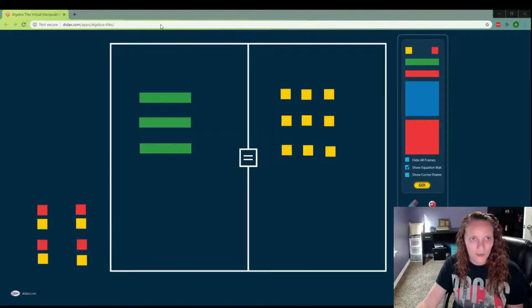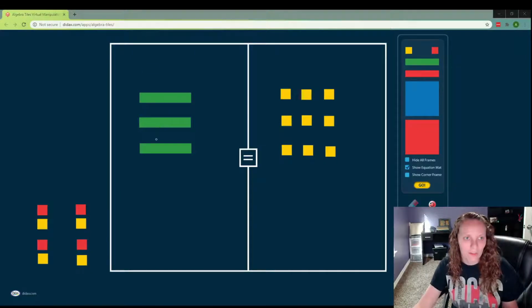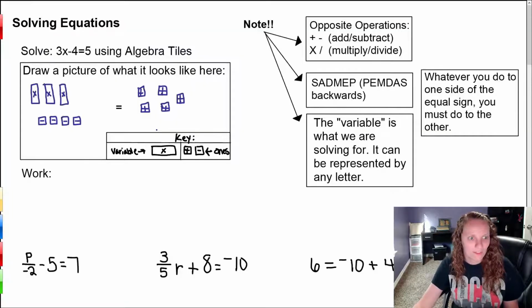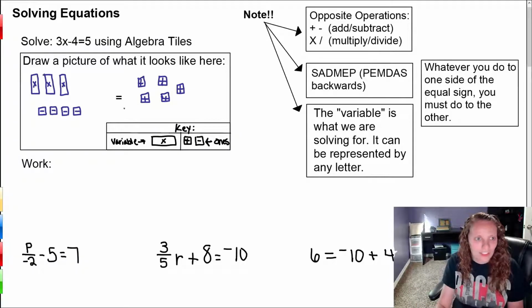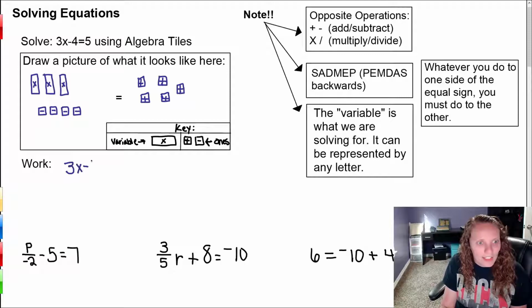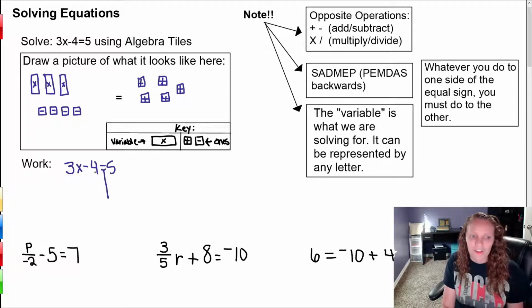Let's go back to the work and see how that plays out. We're going to make sure that we get an answer of x equals 3. So 3x minus 4 equals 5. Remember how earlier I said that we had to add 4 to cancel that out to 0? We're going to do the same thing here. Now I drew a line at the equal sign.